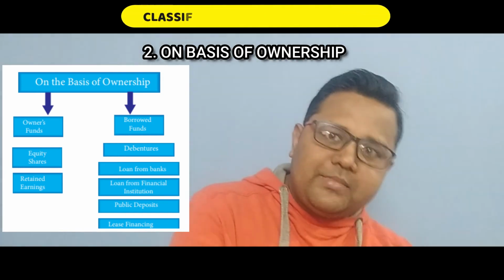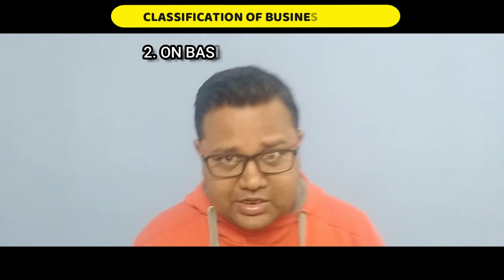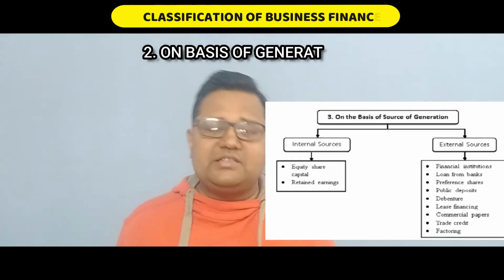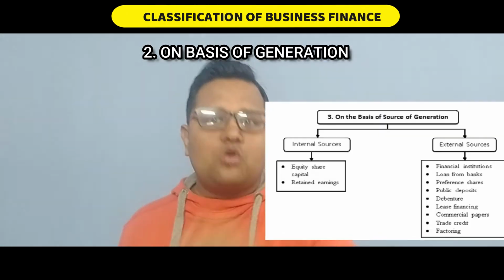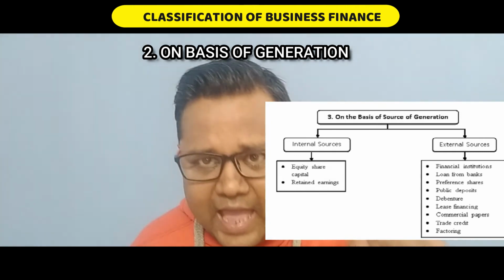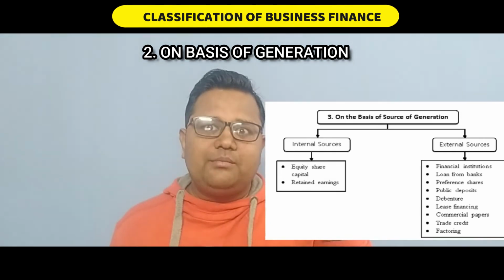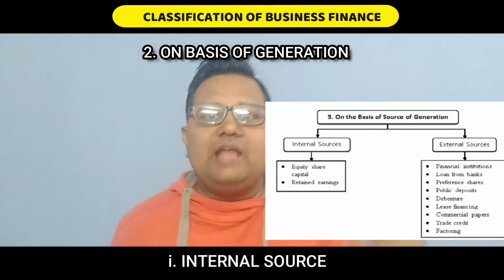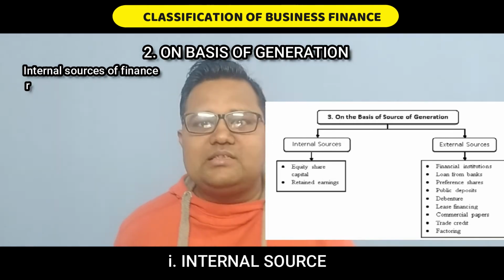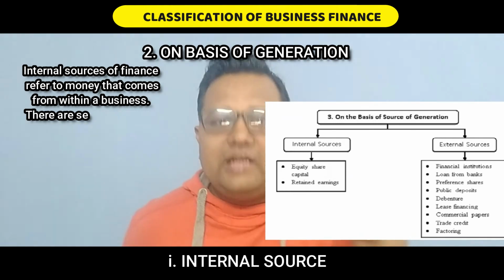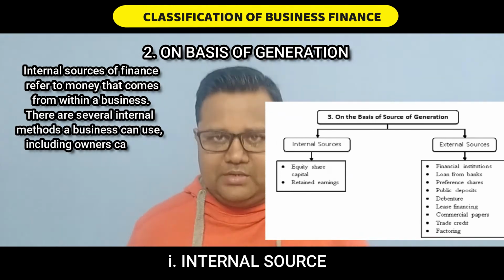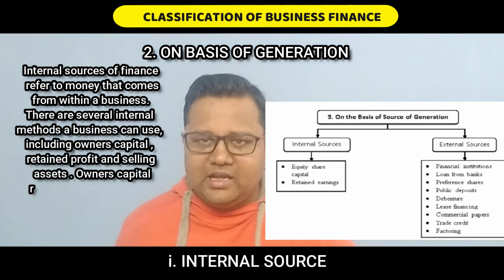Next we will come to classification on basis of generation. Here also there are two categories: internal source and number two, external source. Internal source means the business generates the fund within themselves, they collect the fund within the business, they will not go outside to the market.